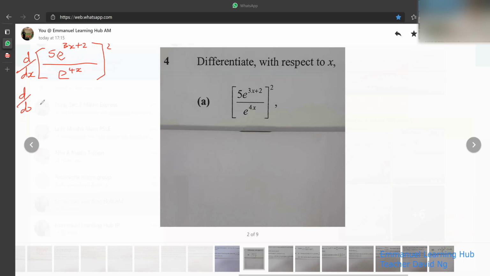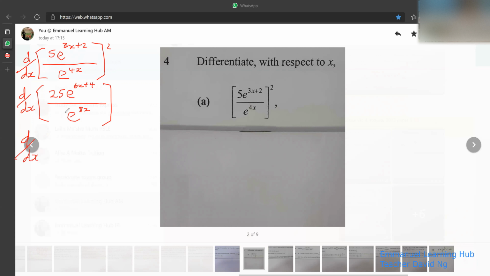So allow me to simplify this expression. Okay, you understand how I get this, or your indices? Yeah. This part you understand? Okay, then I have to simplify further.